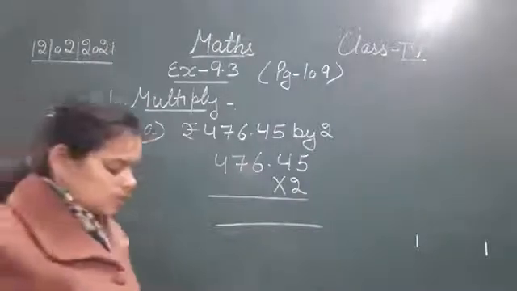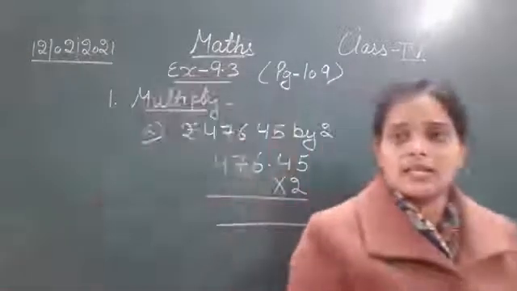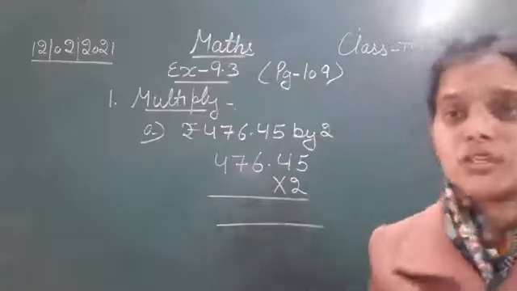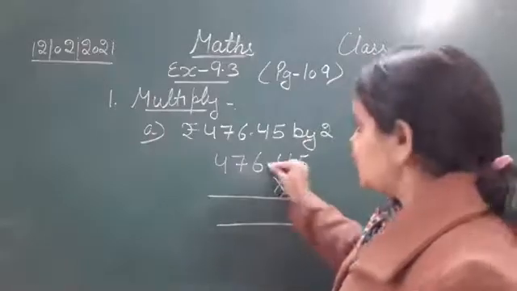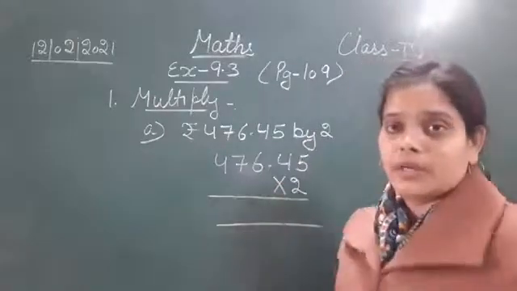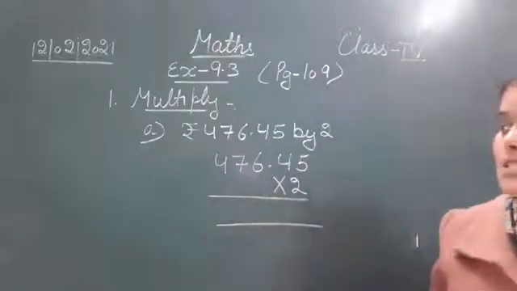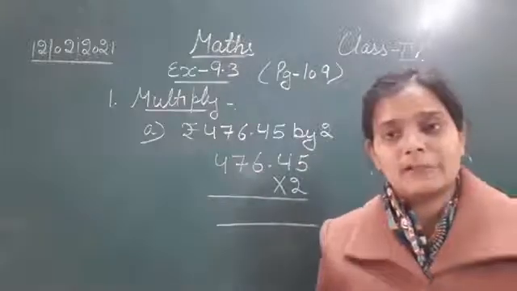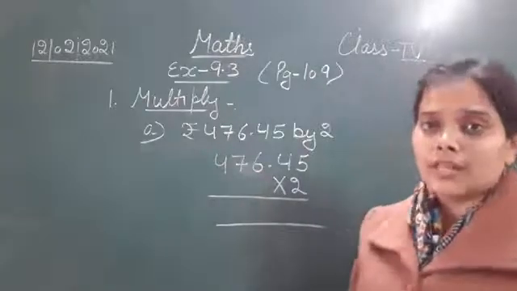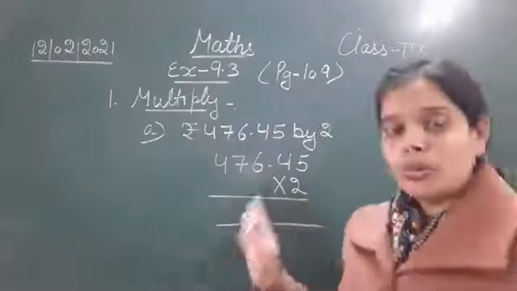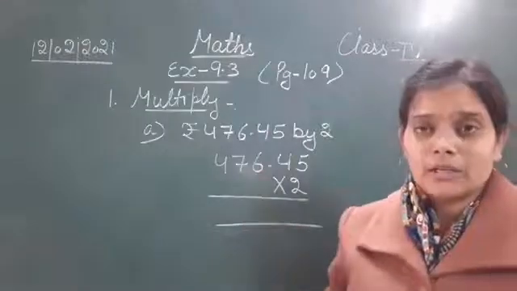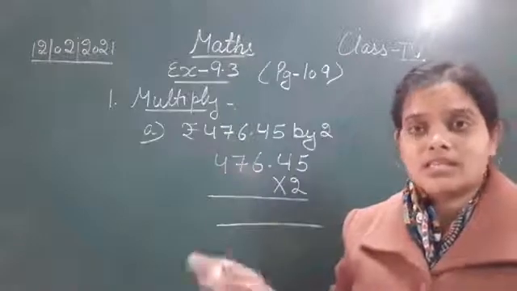Okay beta, one main thing you have to pay a lot of attention to while doing the multiplication: you can see a decimal point here. Whatever multiplications you have done before, they were simple multiplications. In this as well we are going to do the simple multiplication that you have learned since class 1.